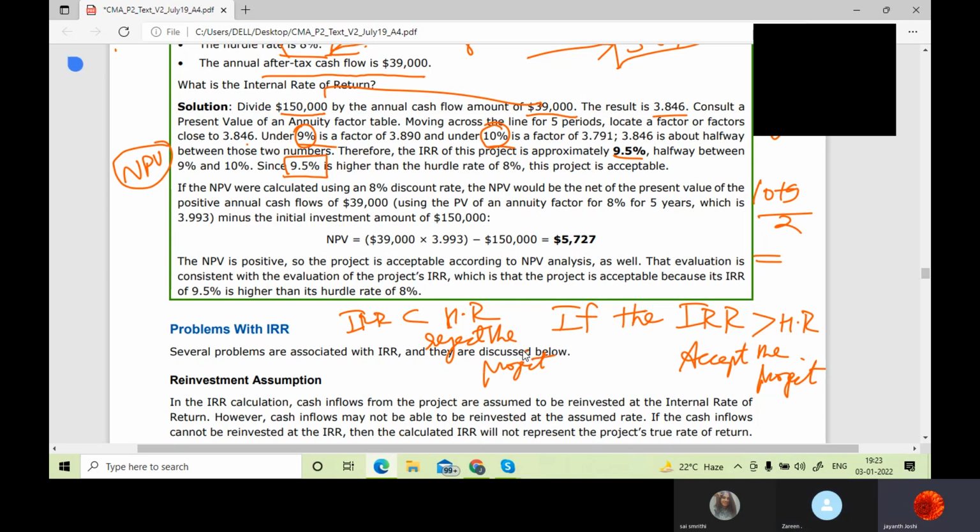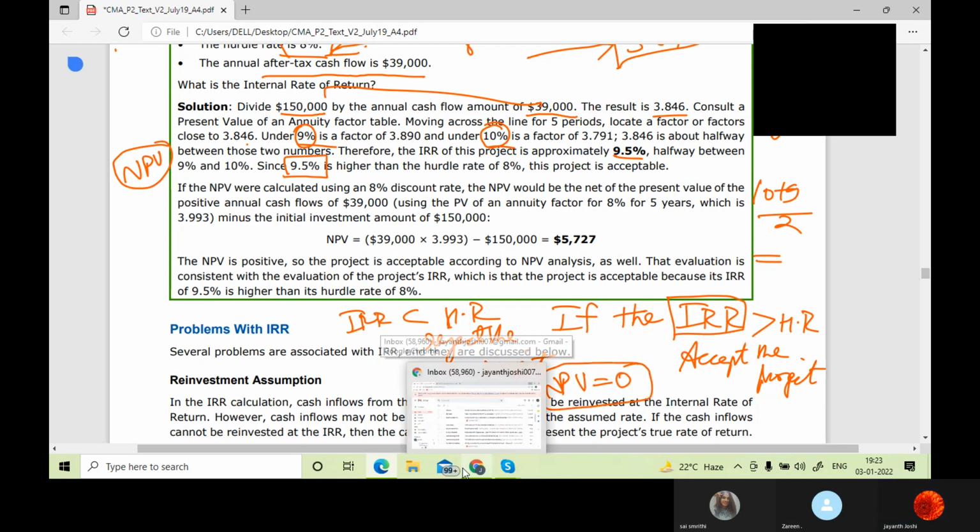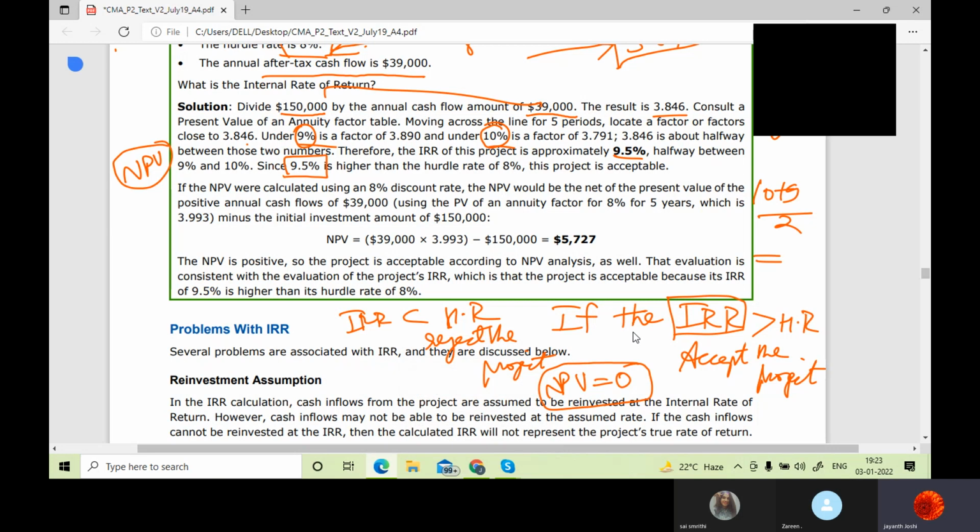But why? See, IRR is that rate at which your project's NPV is equal to 0. The internal rate of return of a project is that rate at which the project's NPV is equivalent to 0.